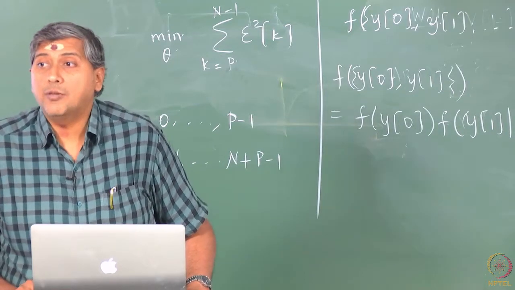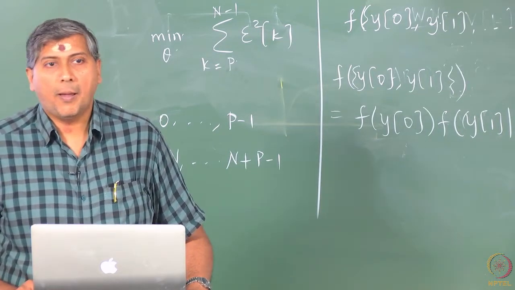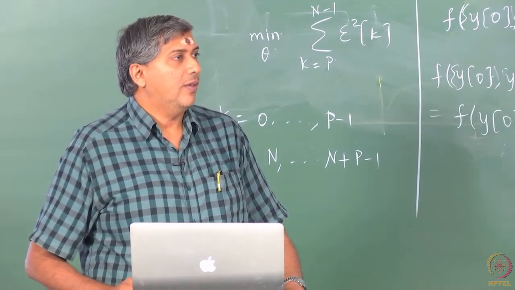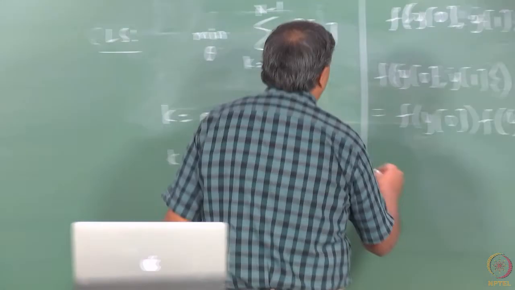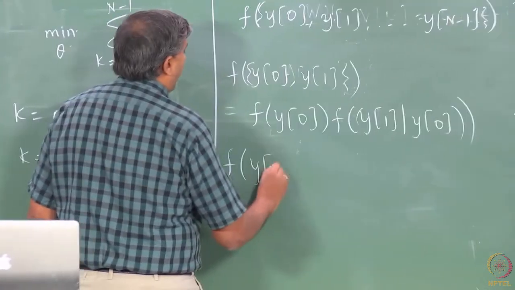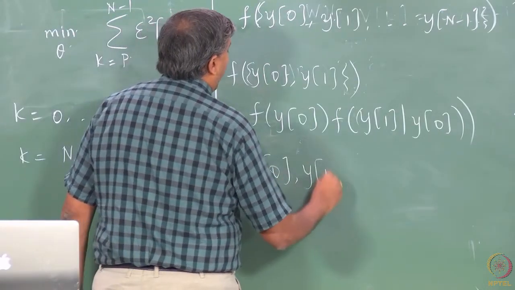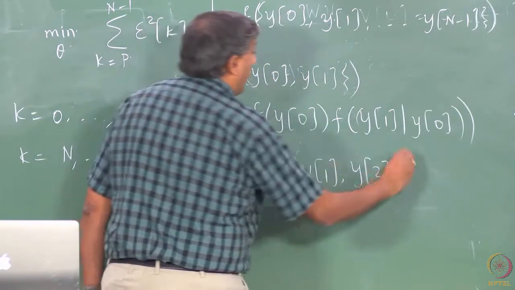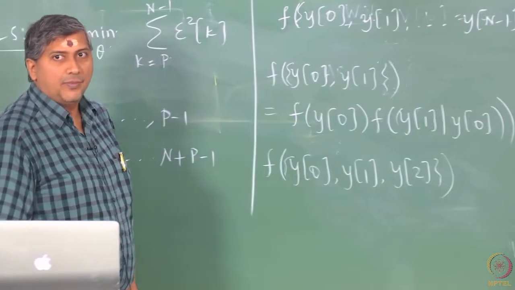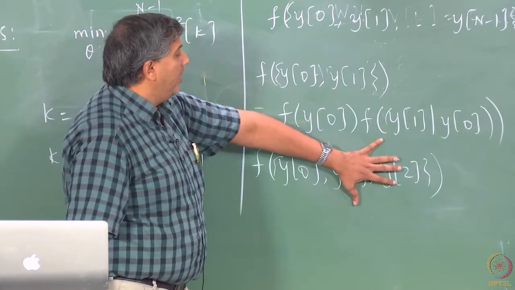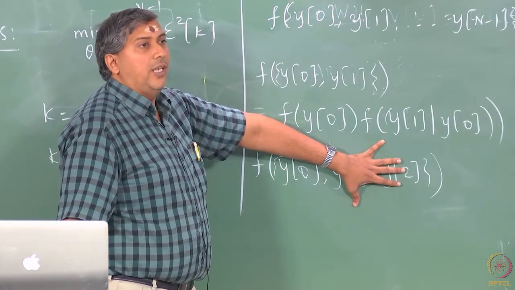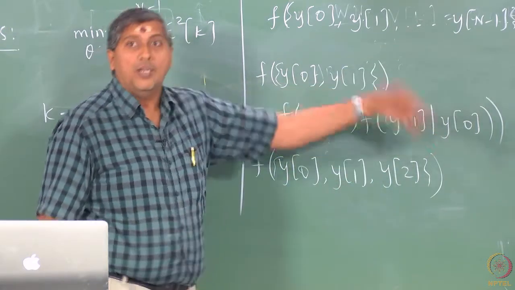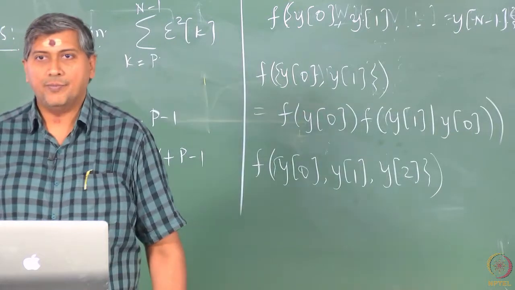Suppose I am given 3 observations, y0, y1, y2, then I can apply this recursively, right. So, I can say the first step, it is the f of y0 times joint PDF of these two given y0, and then I can further factorize it, correct.